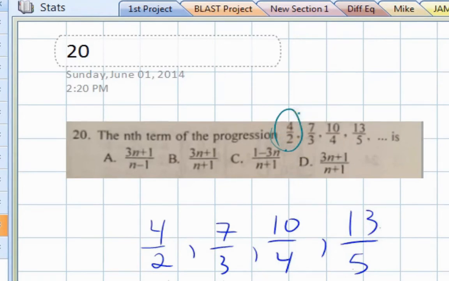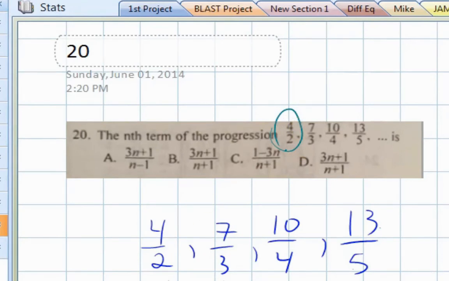So how do I fix that? Well, first off, let's think how we can get there, kind of like we did down here. So this whole n plus 1 thing. How can we get it to work for the number 4 instead of the number 2? Well, you can say 3n plus 1, because 3 times 1 is just 3 plus 1 is 4, and we're there.